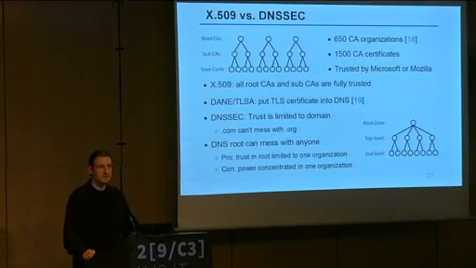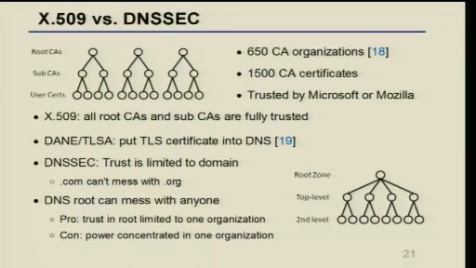Okay, let's compare X509, the TLS/SSL certificate structure, with DNSSEC. With X509, there are more than 600 organizations that are allowed to create certificates that are trusted by your web browsers.